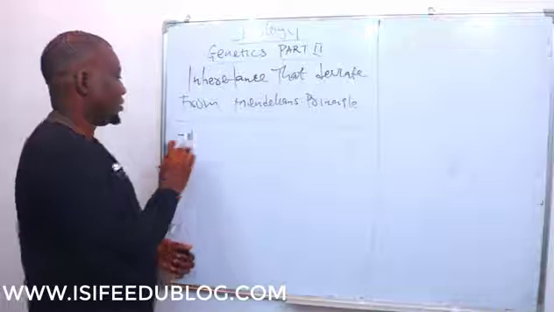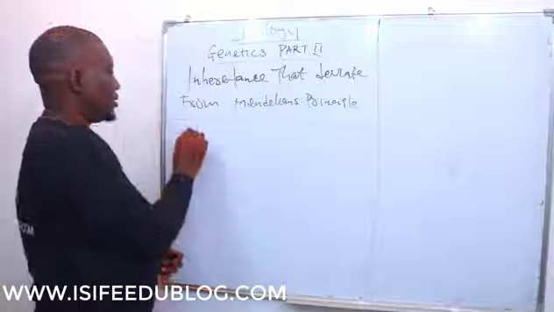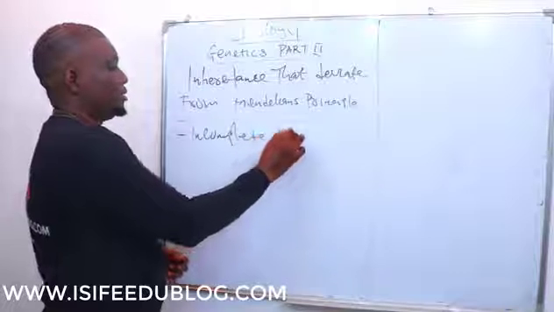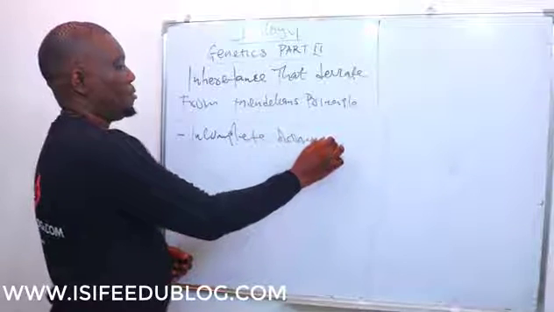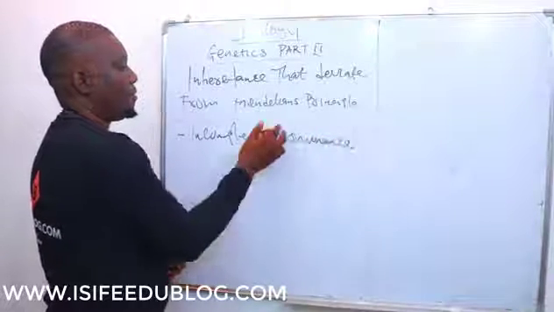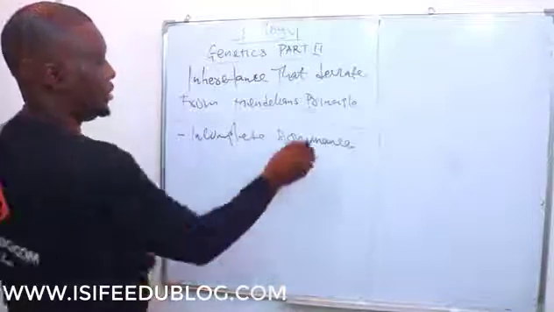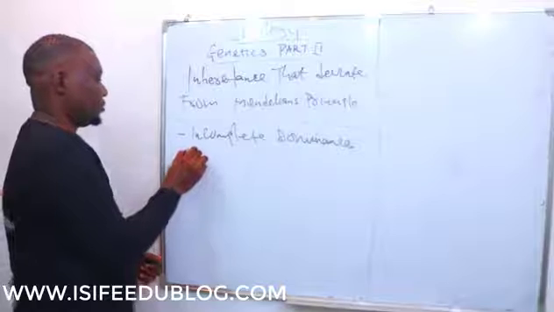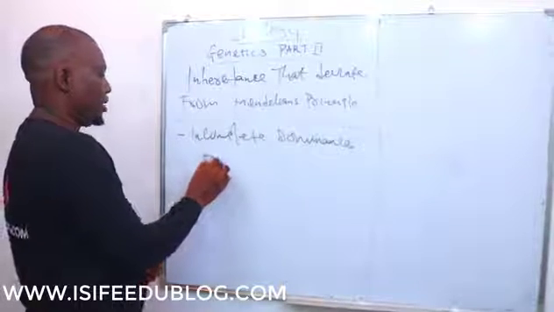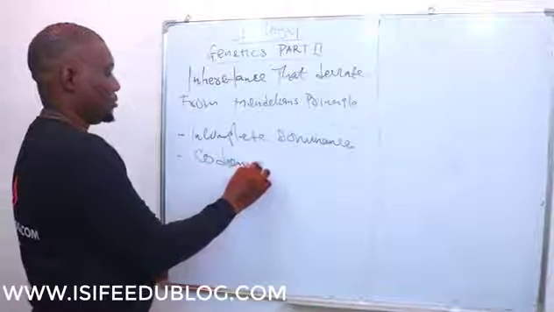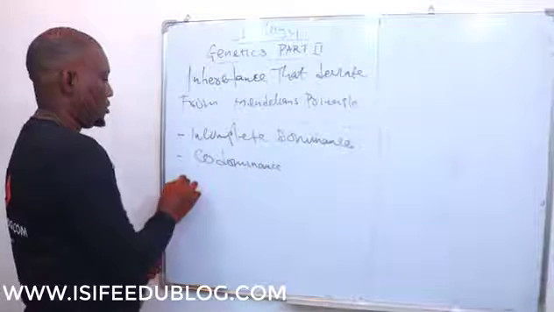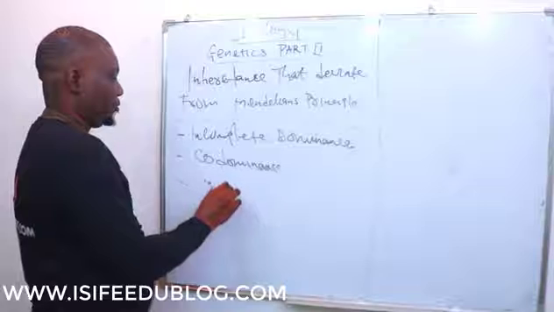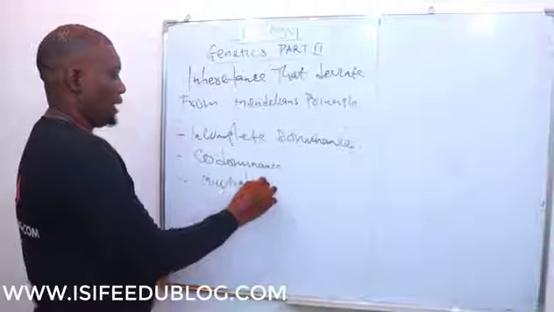Okay, one is incomplete dominance. We're also going to look at codominance and the multiple alleles.